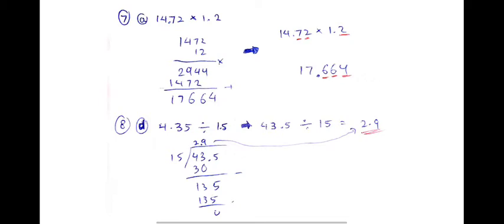And because, again, the 43.5 here has 1 decimal place, you have to change the 29 in a way that it will have 1 decimal place, so it will be 2.9. If it was 2 decimal places, then this one would be 0.29, right? You just restructure the answer so we have the amount of decimal places that is suitable.